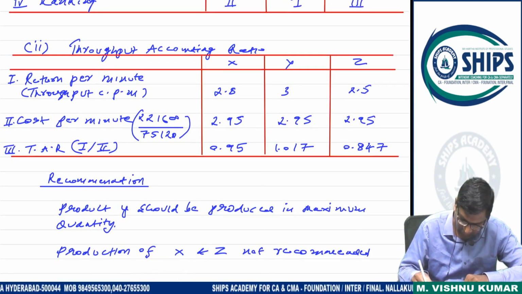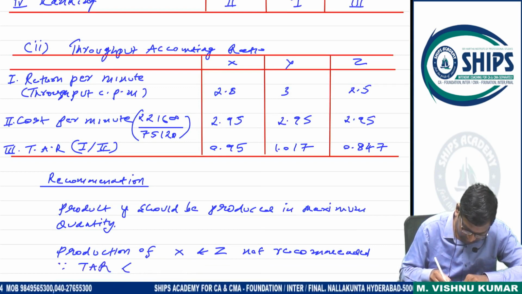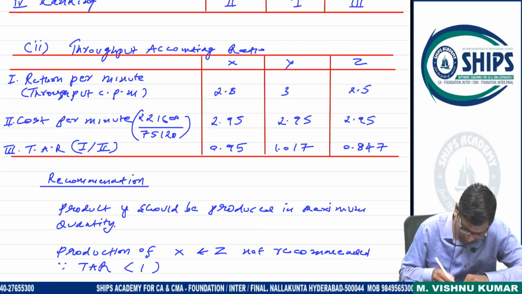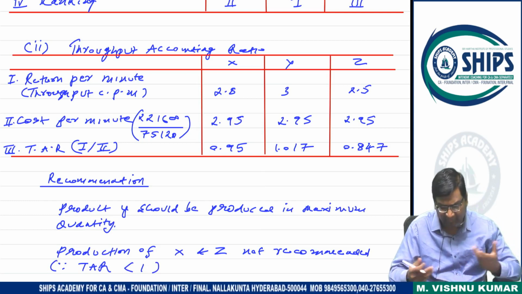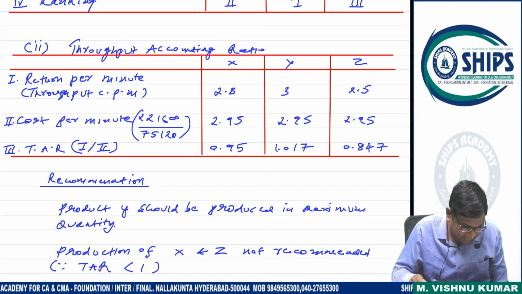Production of X and Z is not recommended since the throughput accounting ratio is less than 1. If the company wants, they can manufacture, but this is not recommended.